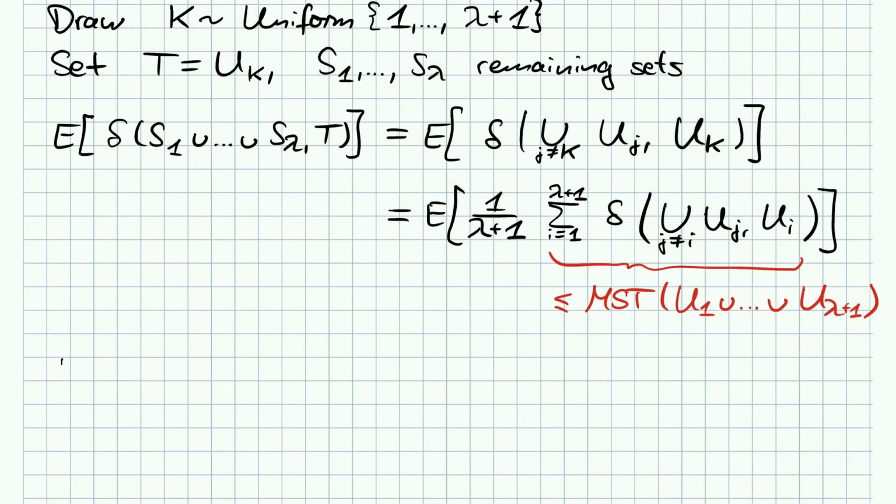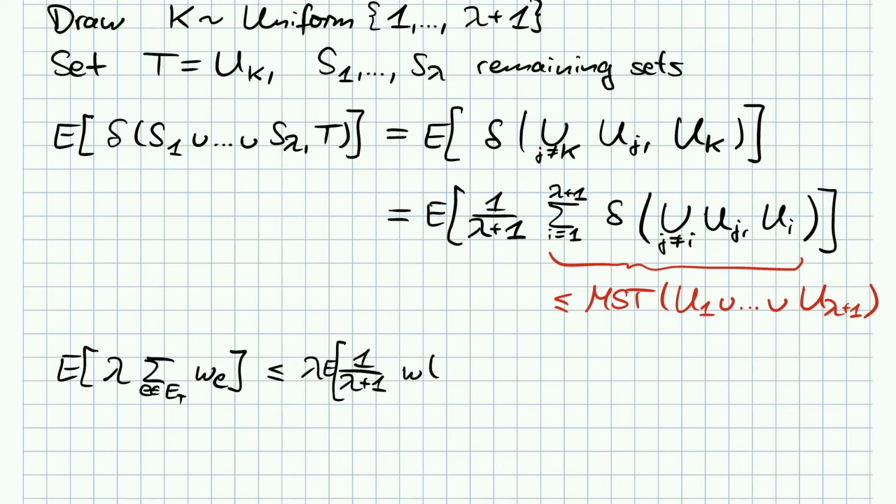So the expected second stage cost will be at most lambda times 1 over lambda plus 1 times, well, let me first write the expectation, the weight of a minimum spanning tree on U1 through U lambda plus 1.